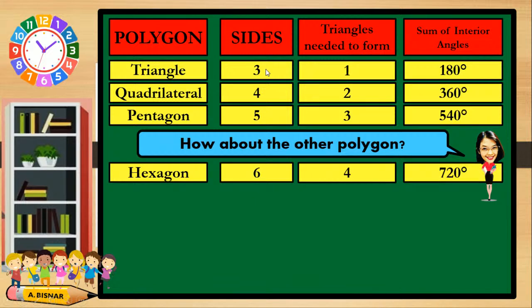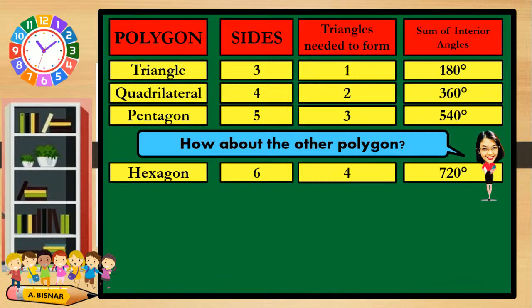If there are 3 sides, we only have 1 triangle. 4 sides, we'll have 2 triangles. Kapag 5 sides, we have 3 triangles. Kapag 6 sides, we have 4 triangles. So what is the pattern that you can see? Sige, let's try to answer this.